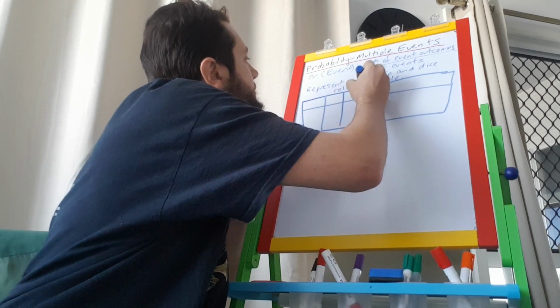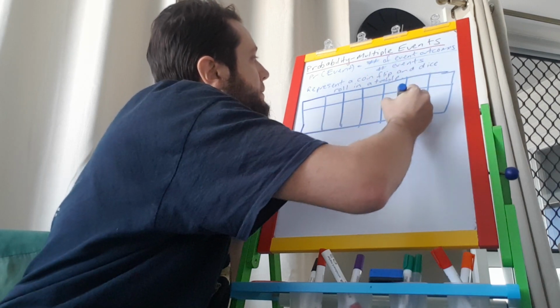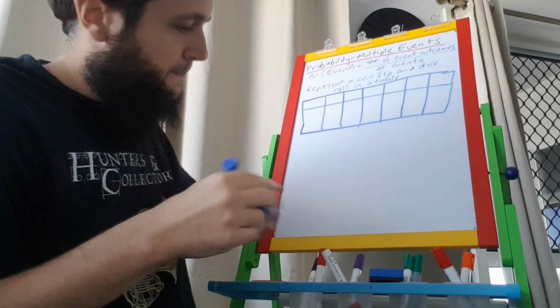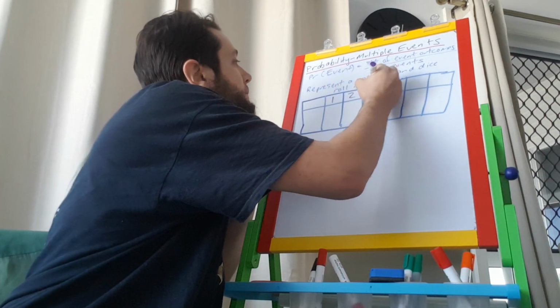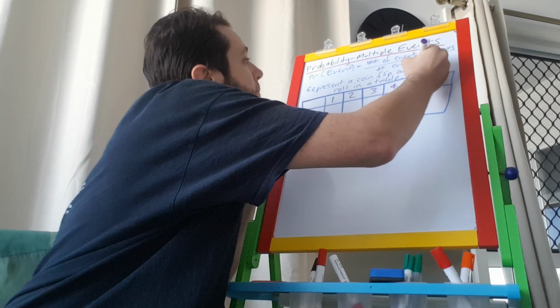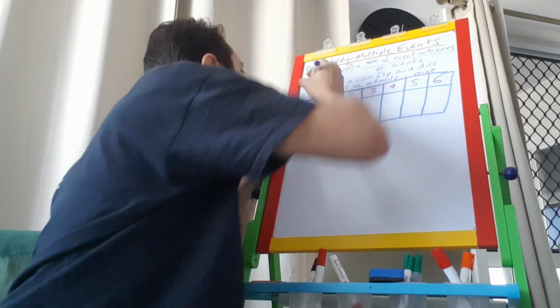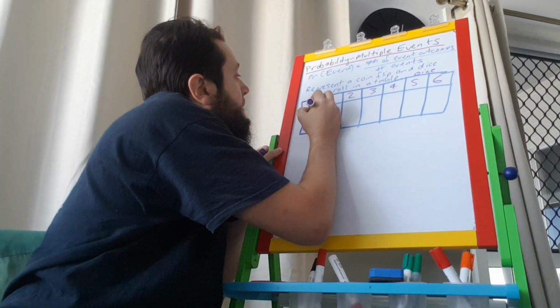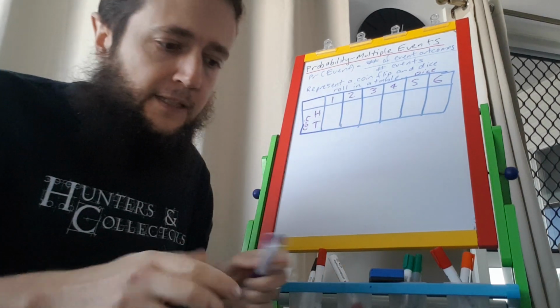So 1, 2, 3, 4, 5, 6. I'm going to put the dice up here. And I'm going to put the coin over here. So I'm just going to go H for heads and T for tails.